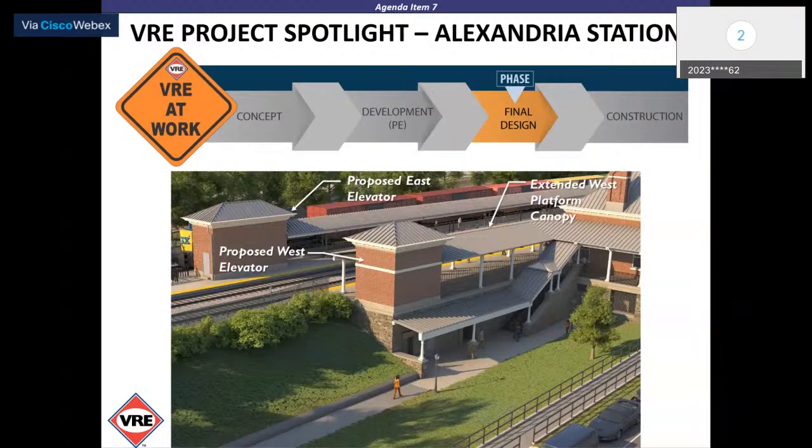Again, some of those dates are obviously contingent on processes, primarily from the completion of the final design, and so some of those dates might move around. But just to give you some perspective of where we're at on this project. Very excited to continue to move this project along.